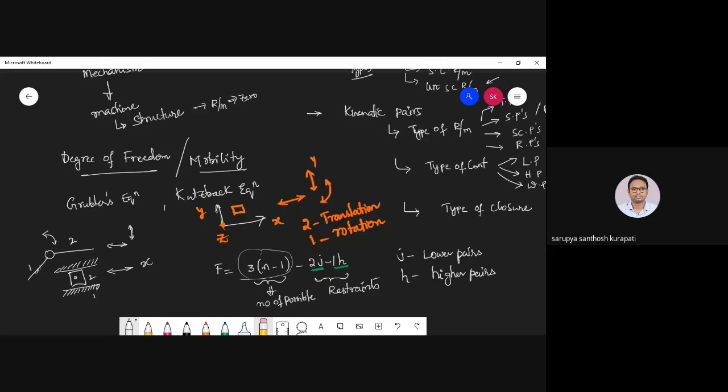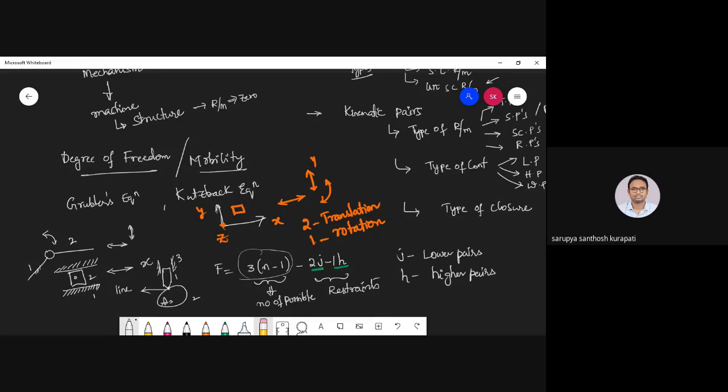And if I connect by using a higher pair, I'm going to get only one restraint. For example, cam and follower. This is the follower, and this is the cam. This is link 1 and link 2. This is the fixed link 3. Between these two links you have a line contact.